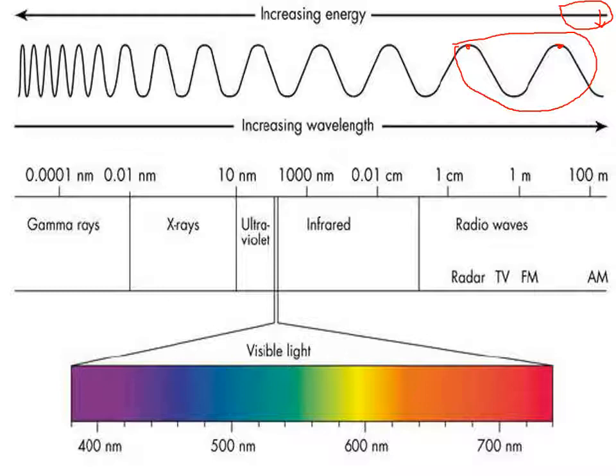As wavelength goes up, the energy goes down. Over here we have a very small wavelength but the highest energy. So for example, in the gamma ray section of the spectrum, we have higher energy but smaller wavelength. Again, inversely proportional. As wavelength goes down, energy goes up. Inverse proportion.